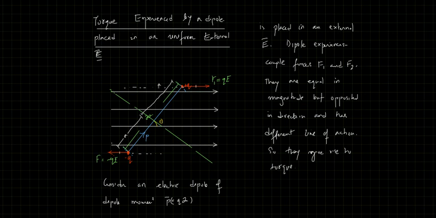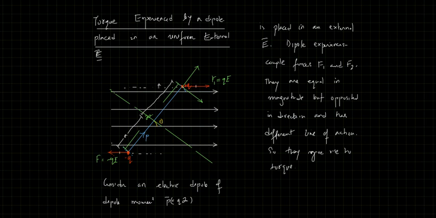Now what do we know? We need to find the perpendicular distance. If this is theta, this is F1, I can resolve F1 into two components. One will be the parallel component, and another will be the perpendicular component.